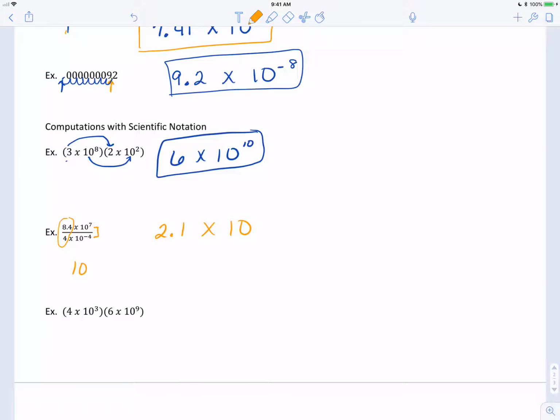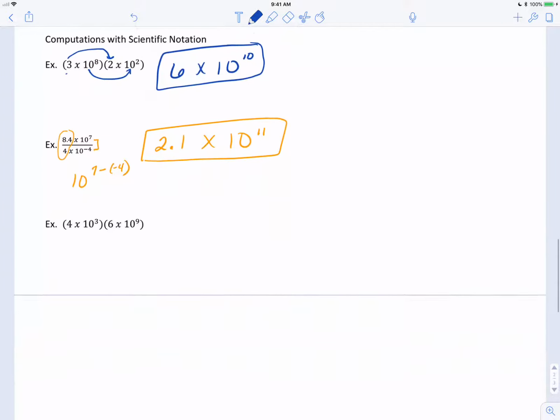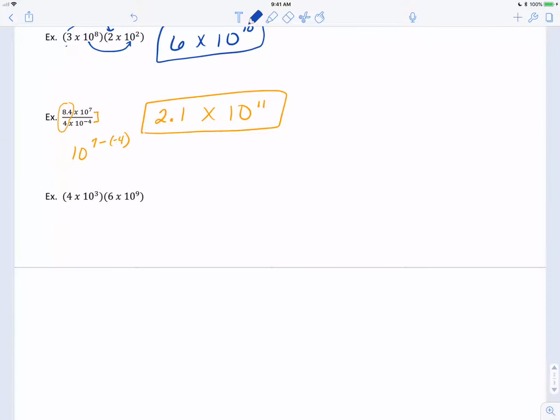That is 10 to the 7 minus a negative 4. Well, think about that. What is minus a negative? That really means plus. So 7 plus 4 is 11. So 2.1 times 10 to the 11th power. Okay, these are not too bad. This is really sort of easy.